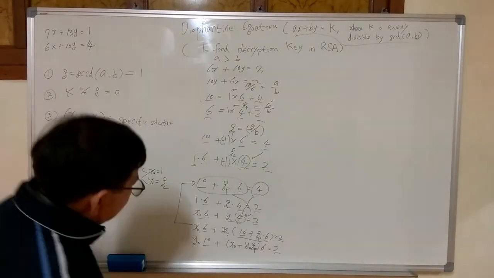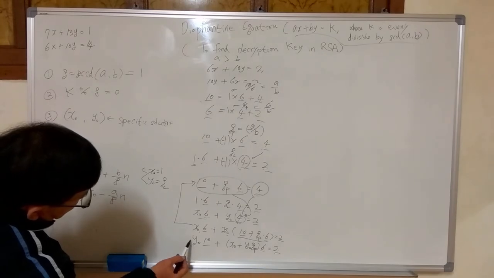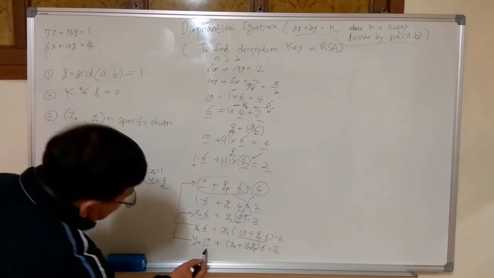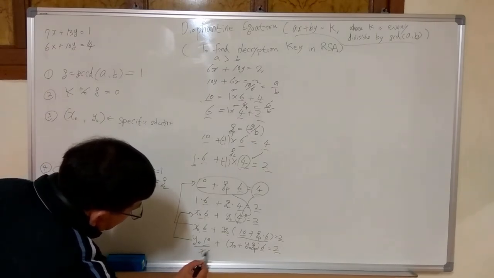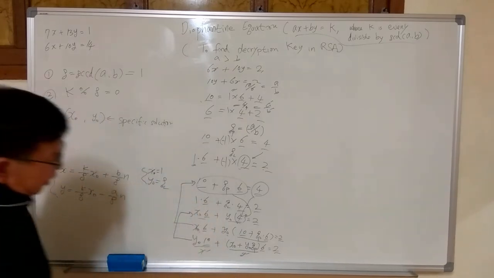Okay, this is the next step. If we compare with this equation and this equation, we can find this is x prime, the next x, and this is y prime.